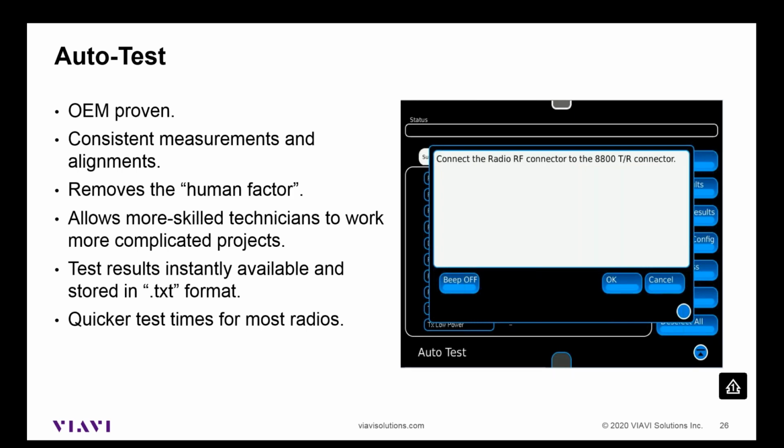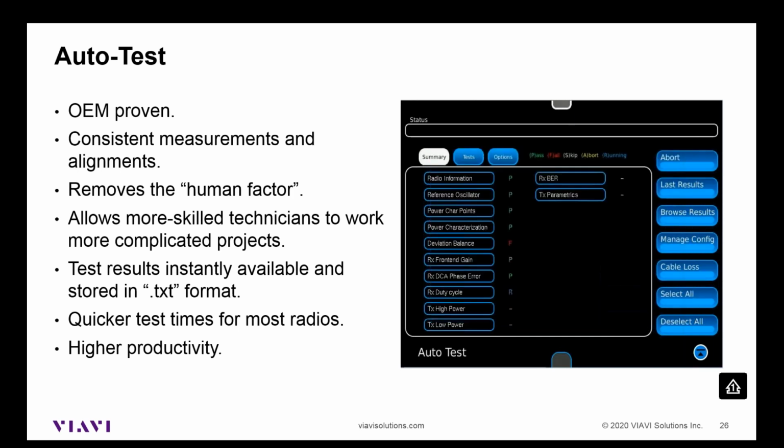The next thing that comes with that higher productivity is that when we're using Autotest, we don't have to sit there and babysit the radio. If I'm manually tuning a radio, I have to be physically in front of that radio and that computer, moving those soft pots back and forth, making measurements, changing frequencies, et cetera.